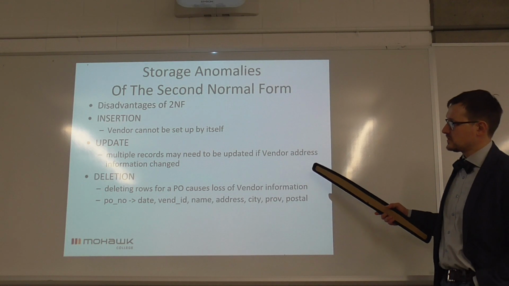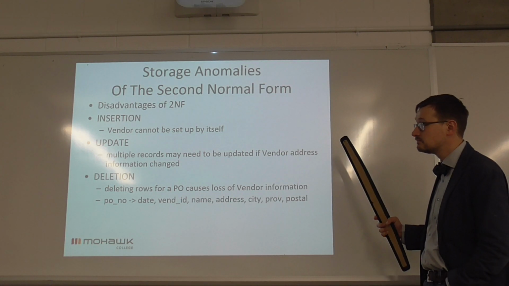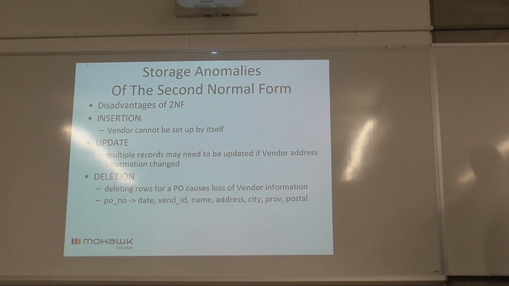Under update, multiple records may need to be updated if vendor address or information changes. And under deletion, deleting a row for a product order causes loss of vendor information. So basically, we have all the same problems that we had for products, but we now have them for vendors.